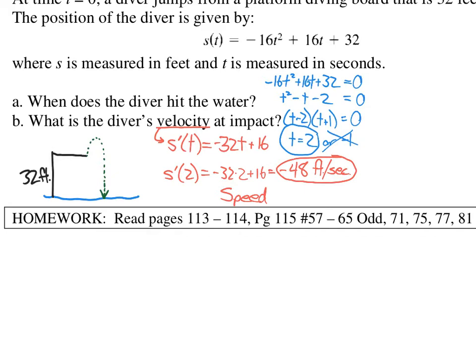So in that case, maybe we would just use the speed, but the speed is simply the absolute value or the magnitude of the velocity. So in this case, the speed would have just been 48 feet per second. Okay? All right, so that's all for that.